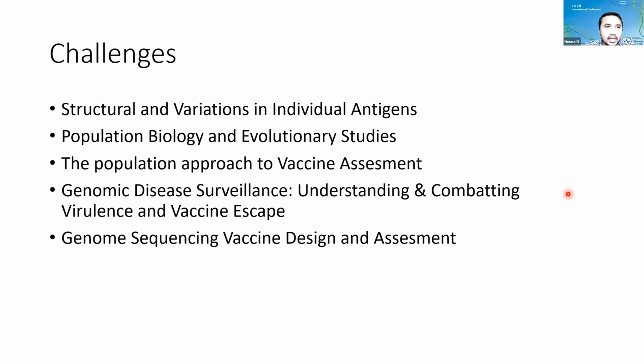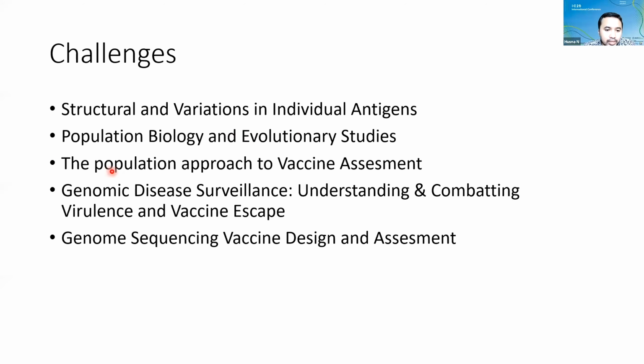Of course, since we depend on the conservation of the sequence, the information itself is very, very important. What we need to keep in mind is that there are structural variations in individual antigens. We also need to be aware of population biology and evolutionary studies, such as already mentioned by Professor Matsuda, regarding how in the future variants will increasingly spread in human populations.